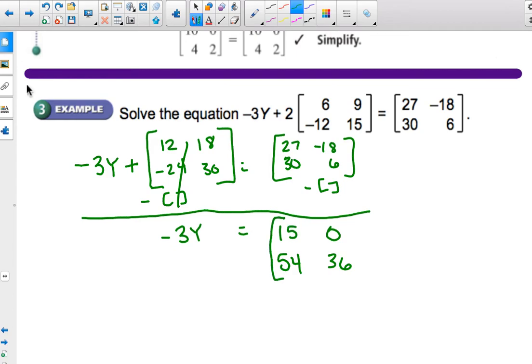Okay, now what we need to do is divide everything by this negative 3. So then we have y equals negative 5. Negative 3 is going to go into 54, let's see, 11, 12, 13, 14.